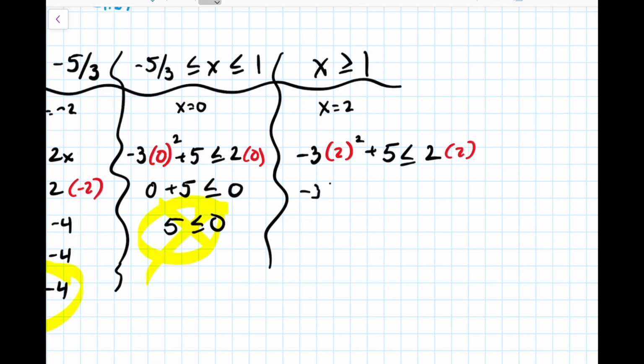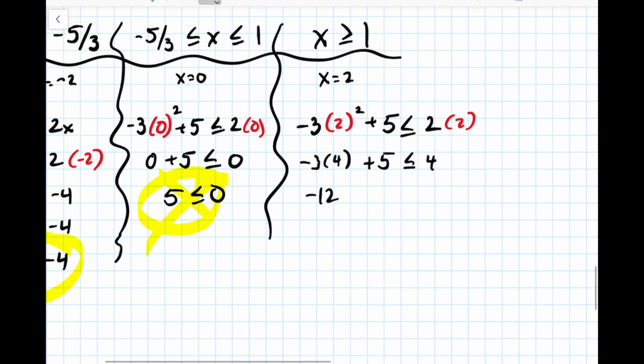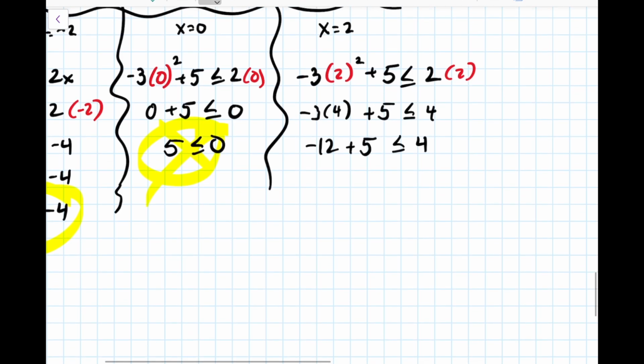So that's negative 3 times 4 plus 5 is less than or equal to 4. Negative 3 times 4 is negative 12. And this is just the same calculation we did last time, basically. So negative 12 plus 5 is negative 7. 2 times 2 is positive 4 this time instead of negative 4. But otherwise, we've ended up with still something that works, right? Negative 7 is less than or equal to positive 4.